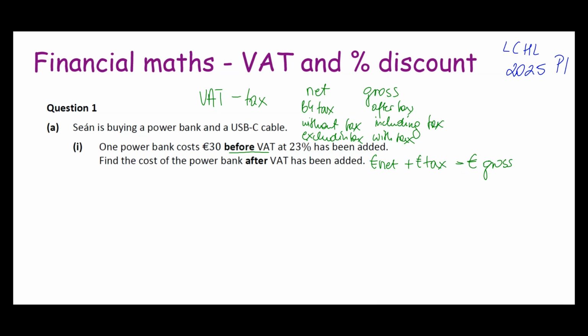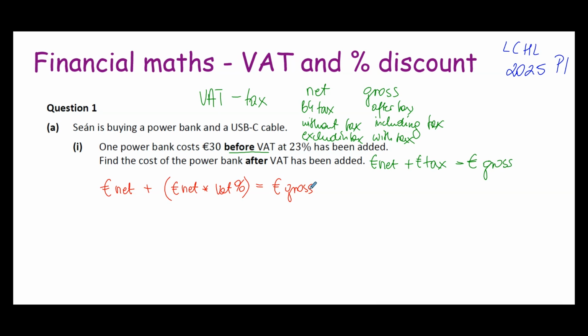Another way we can look at it: the net value in euro plus, if I want to calculate the VAT, I take the net value multiplied by the VAT percentage, and therefore I get the gross value.